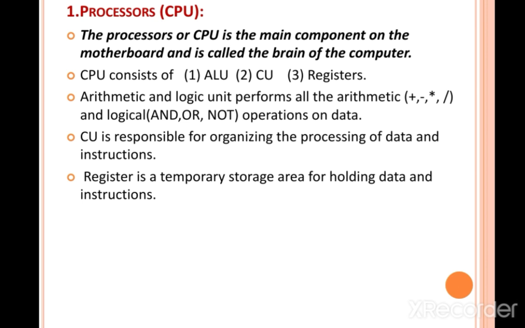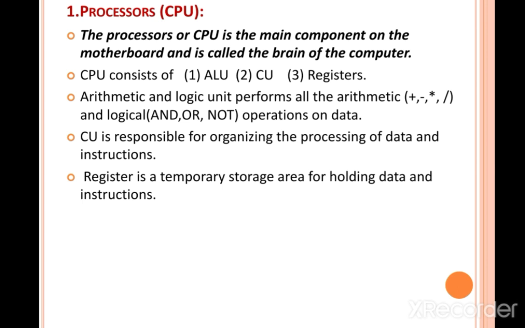ALU performs arithmetic and logical operations and controls the speed of these operations. Arithmetic operations like addition, subtraction, multiplication and division, and logical operations like AND, OR, NOT. And CU, control unit, is responsible for organizing the processing of data and instructions.